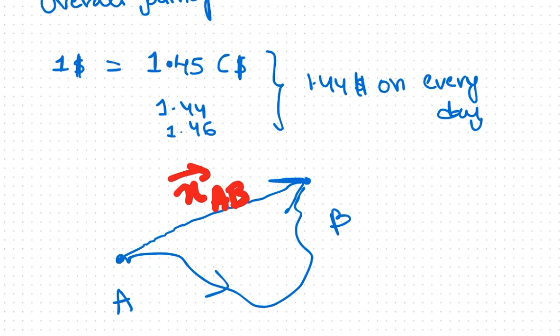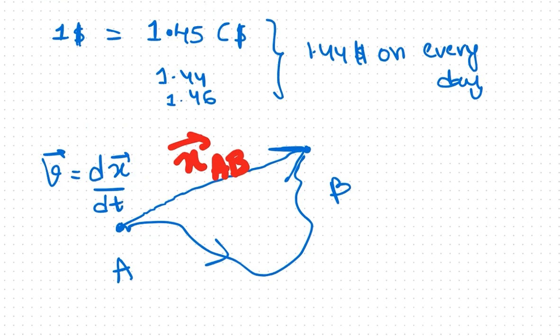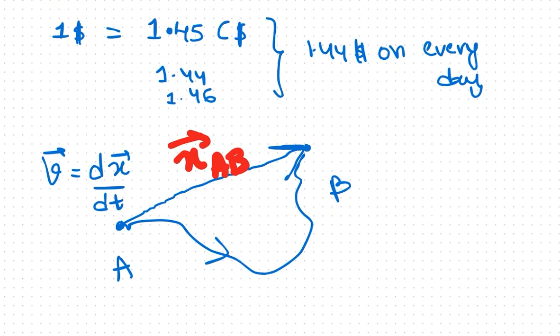Along this direction, average velocity will also be there, because the velocity formula is dx over dt, so it will be in the same direction as the displacement. So average velocity, when you are considering the entire journey, its direction will be like this.